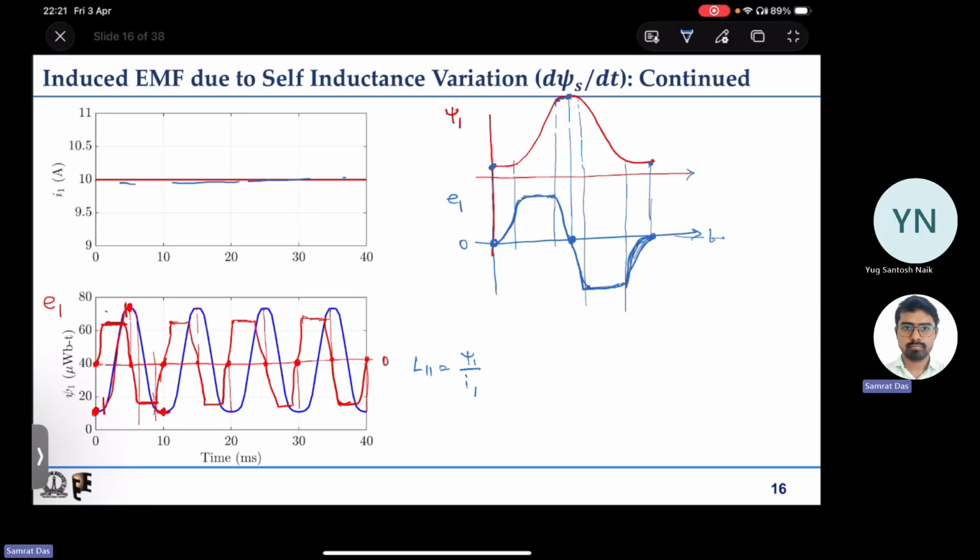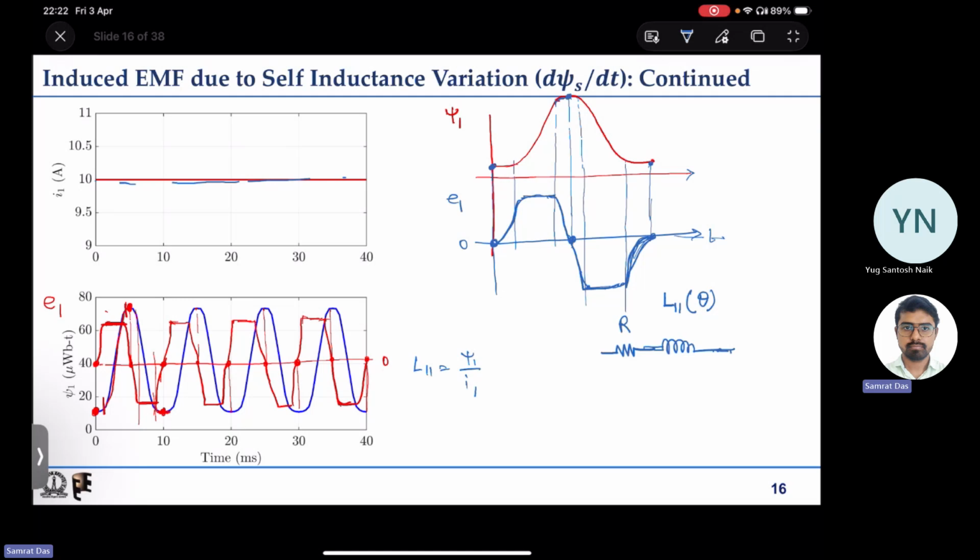So if we have to represent this winding, obviously we have to put the resistance of the winding, then we will have to put the inductance of the winding. This inductance L11 is not a constant number, but it depends on rotor position. So we have to mention L11 as a function of rotor position.